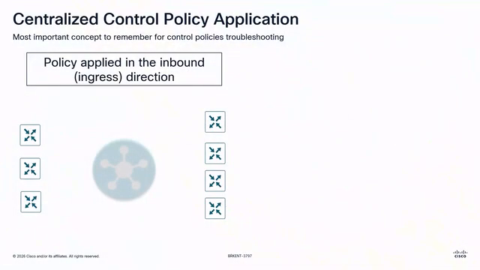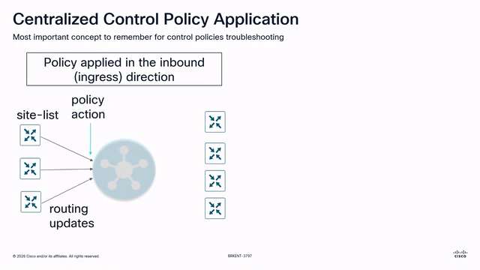The most important concept is to remember that you can apply a policy in the ingress direction from the perspective of vSmart, right? And then some of the paths may be excluded from the best path selection, right? It means that the policy may influence what the best path calculation on the smart controller will be applied onto.